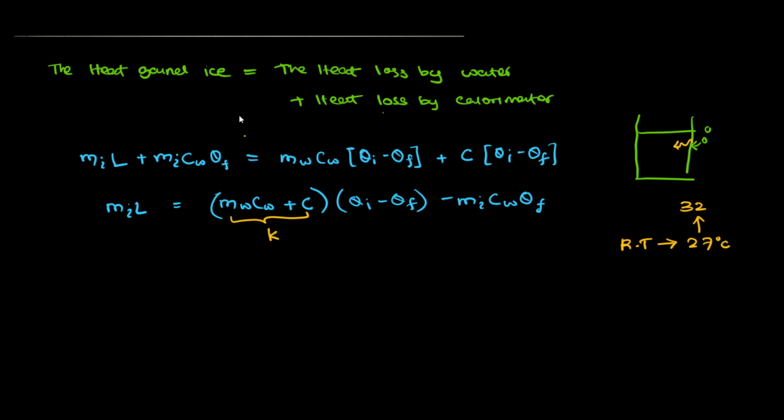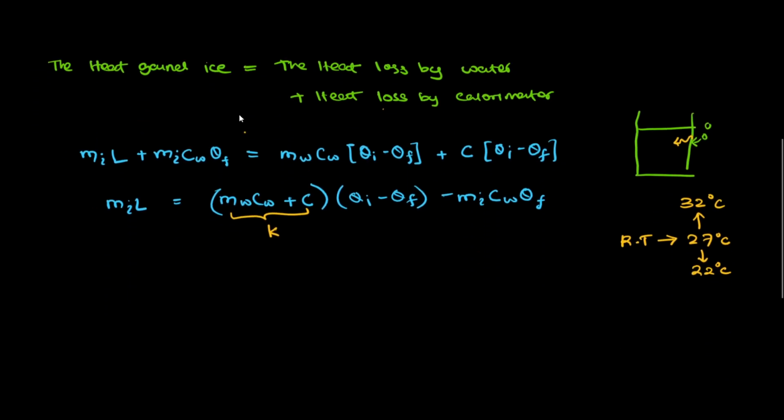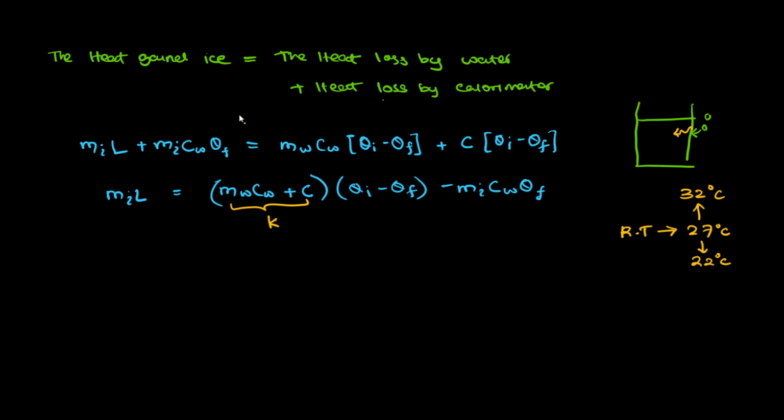So we start at 32 degrees Celsius, and then we stop the experiment at 22 degrees Celsius. It doesn't matter if it dissolves more ice or less ice, I would always be starting here and ending the experiment at 22 degrees Celsius.